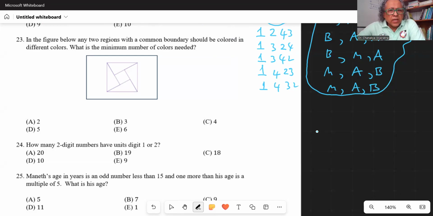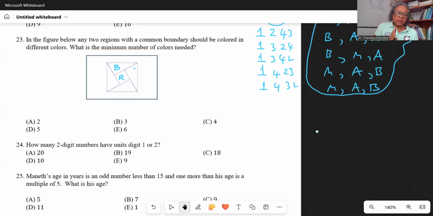For example, let's color this smallest square here in red. Then this triangle we color in blue. Now, I put a dot here. If you look at this one, it actually has a border with the region colored in blue and the region colored in red.